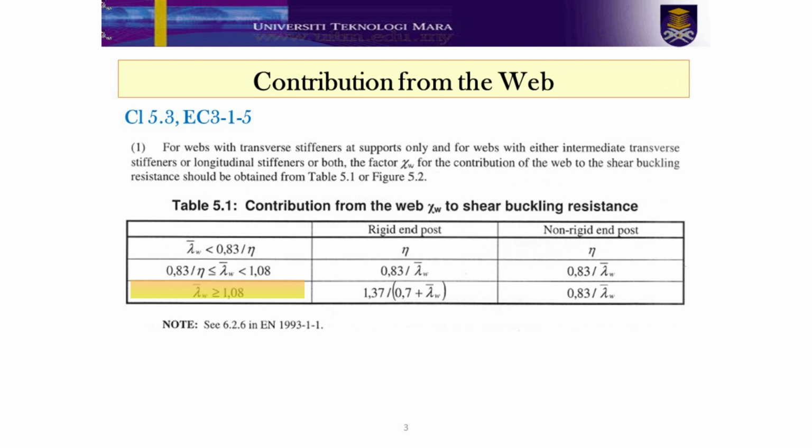It falls under the last category, where the slenderness parameter is larger than 1.08. Therefore, when you refer to Table 5.1, in the condition where your lambda W is larger than 1.08, for the non-rigid end post, the contribution from the web is given by this equation, which is 0.83 over lambda W.